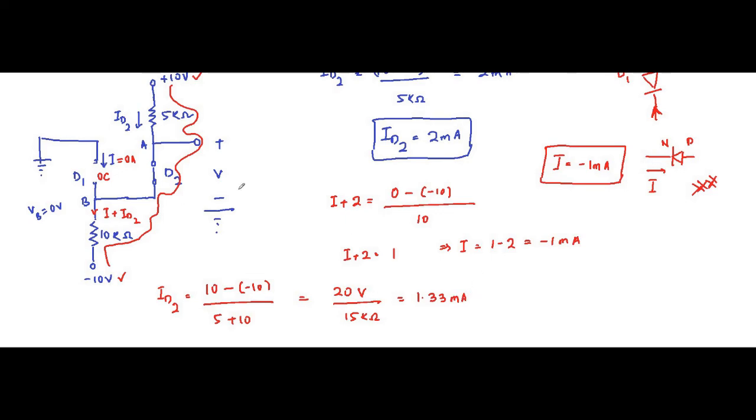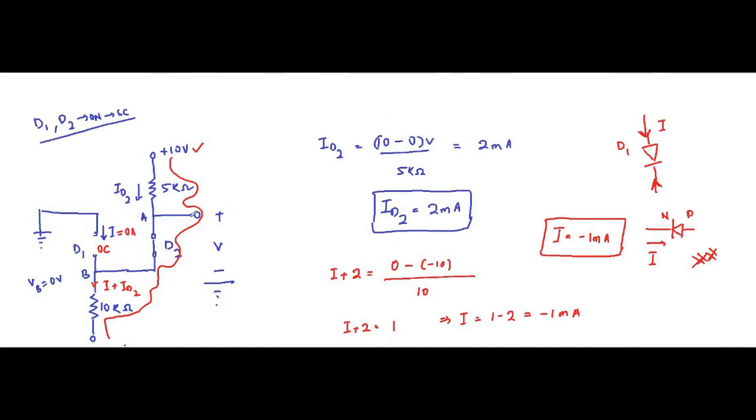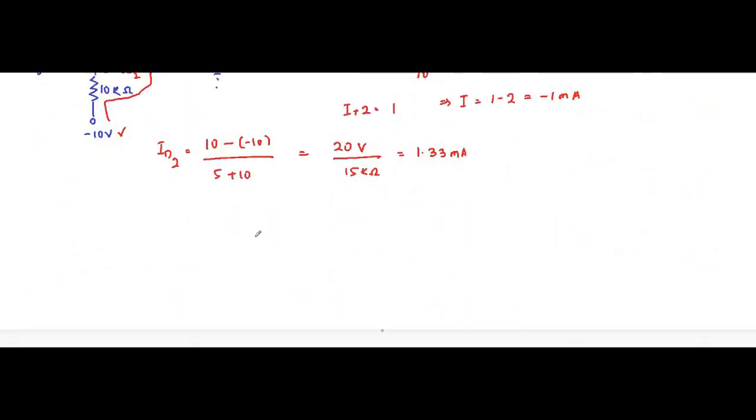Now if we want to determine V, see, here it is plus 10 volt. Here we have 5 kilo ohm connected. And here we have V, this point. We have to determine V. So this is 1.33 milliampere.